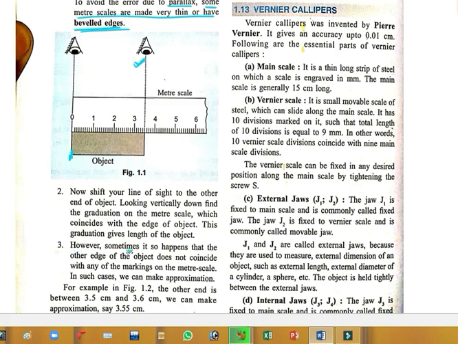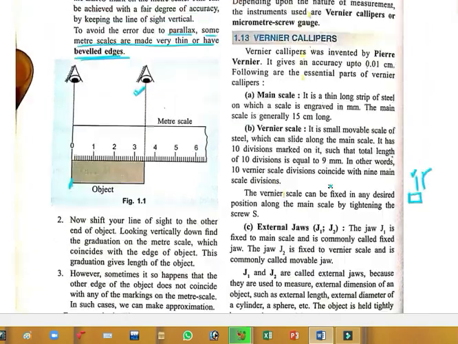So point number 3: however, sometimes it happens that the other edge of the object does not coincide with any of the markings of the meter scale. Suppose this is the meter scale, 2 marks are there, and the object lies between them. That means it neither coincides with this one nor with this one, it is in the middle. Okay, so in such cases we make an approximation.